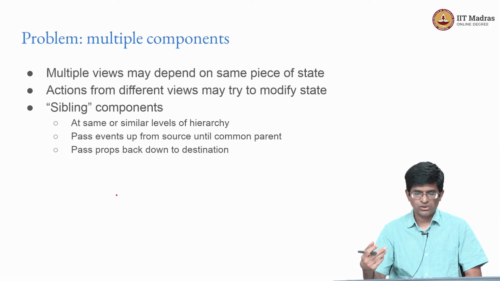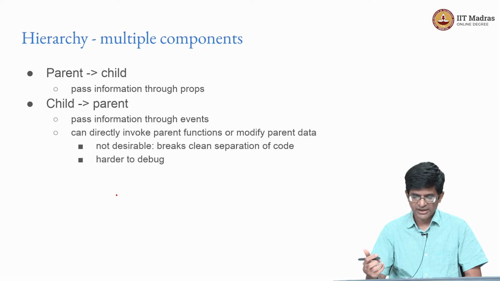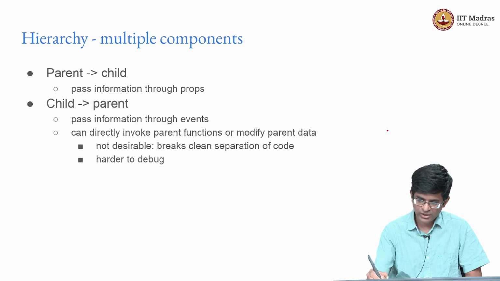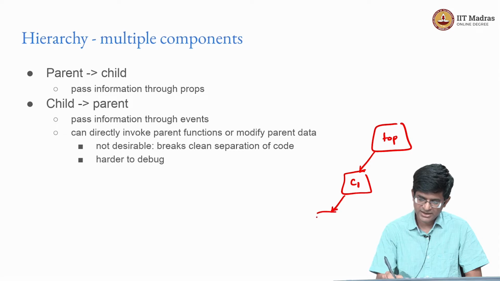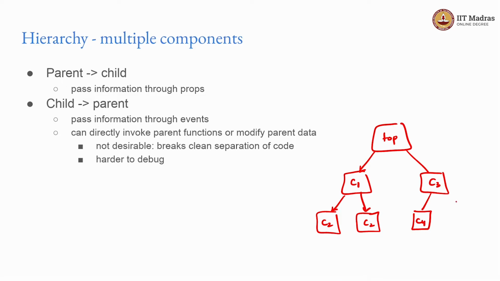So now we saw that there's a hierarchy, and by hierarchy what I mean over here is, I could have the top level component and under it I have a component 1. This in turn instantiates, let's say, 2 copies of component 2, and I have some other component 3 out here, which in turn could have its own components inside it.